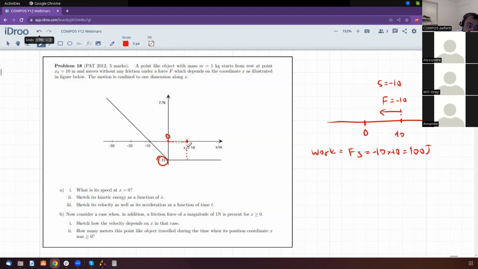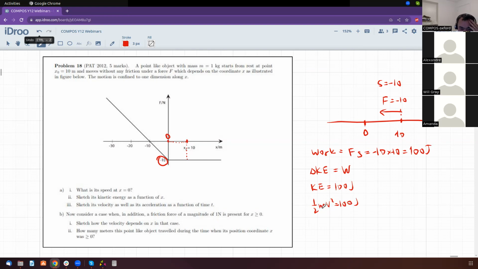Minus 10 times minus 10 is 100 joules. So basically the force accelerates the object. At point 0, it has kinetic energy, and because of the work-energy principle, the change in kinetic energy is equal to the work done. So the kinetic energy is equal to 100 joules. Half m v squared is 100.